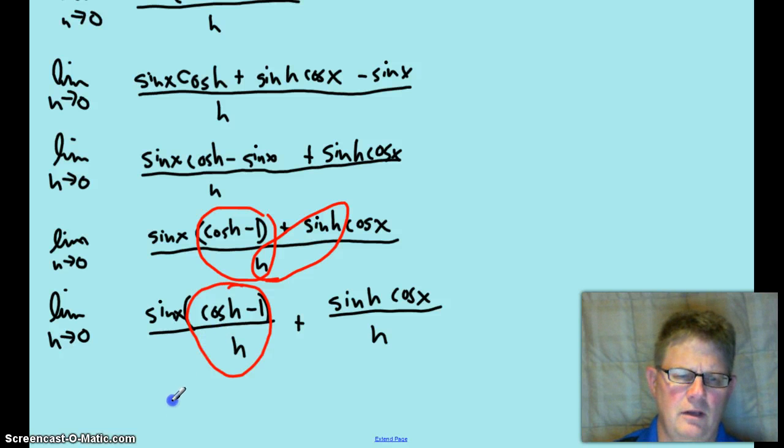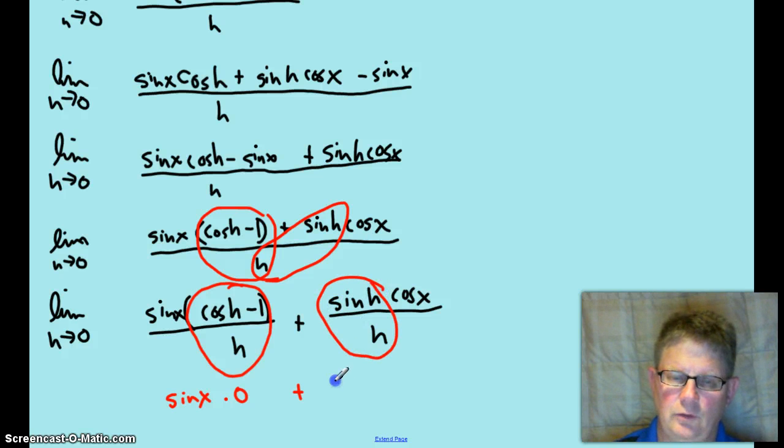Oh yeah, that's right. So sine of x times 0 plus, and what is the limit as h approaches 0 of sine h over h? You betcha, it's 1. Okay, times that cosine of x, which is right there.